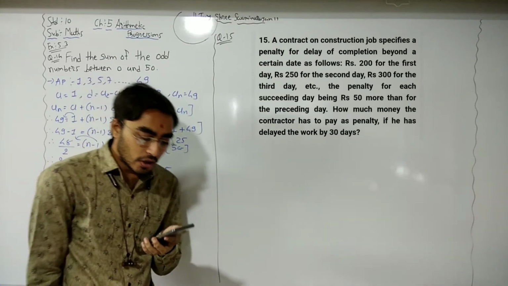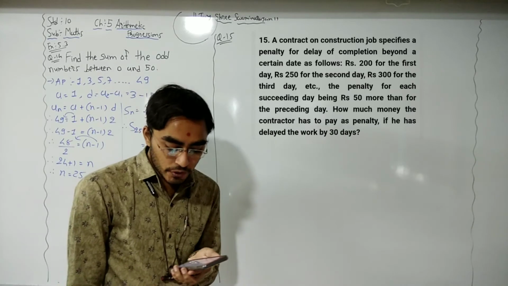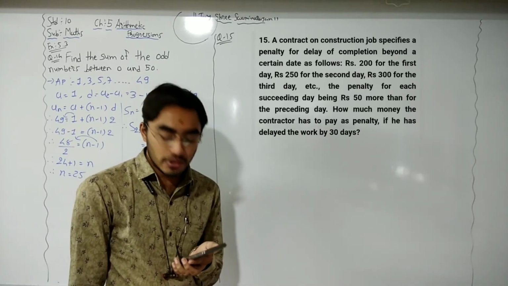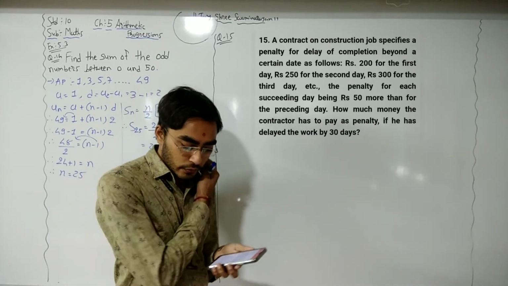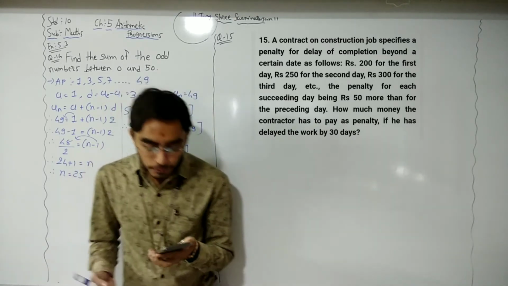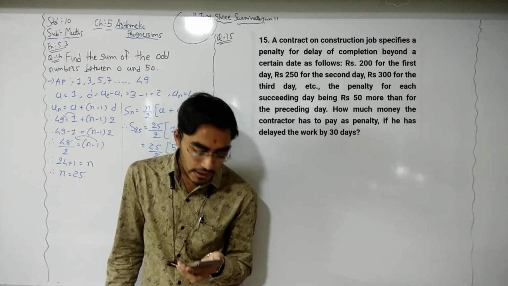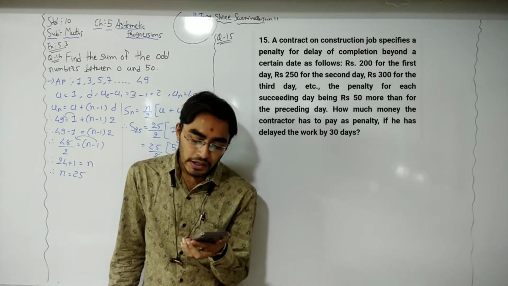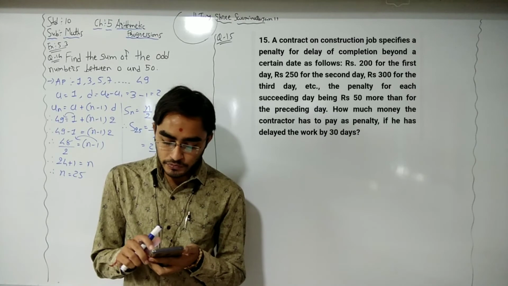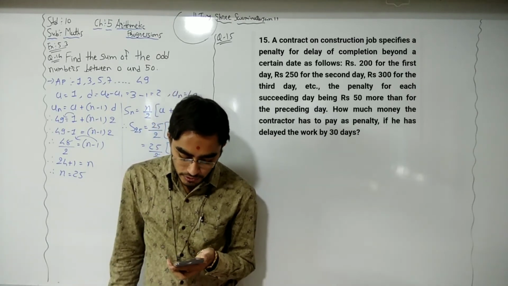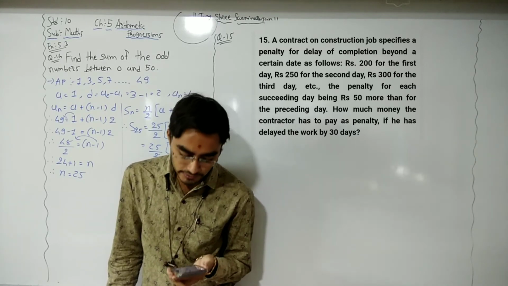A contract on a construction job specifies a penalty for delay of completion beyond a certain date as follows: rupees 200 for the first day, rupees 250 for the second day, rupees 300 for the third day, etc. The penalty for each succeeding day is rupees 50 more than for the preceding day.